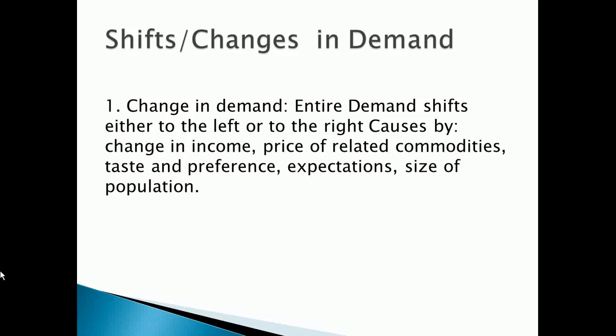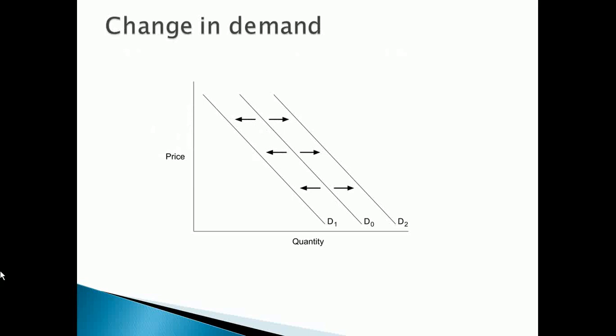So an increase in student allowance will shift the curve from D0 to D2, which is an increase in demand. But if there is a decrease in allowance from 5,000 to 1,000, then you see that an individual will not have enough to purchase. So level of income can affect change in demand.